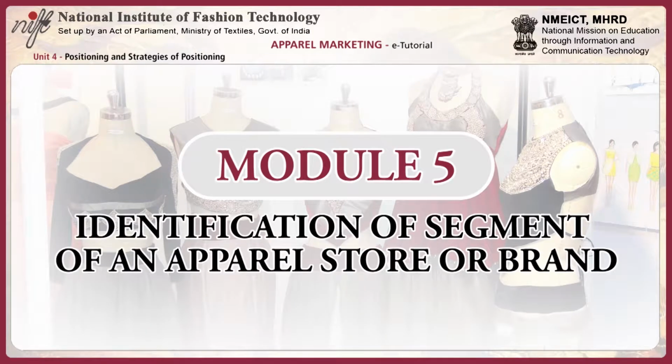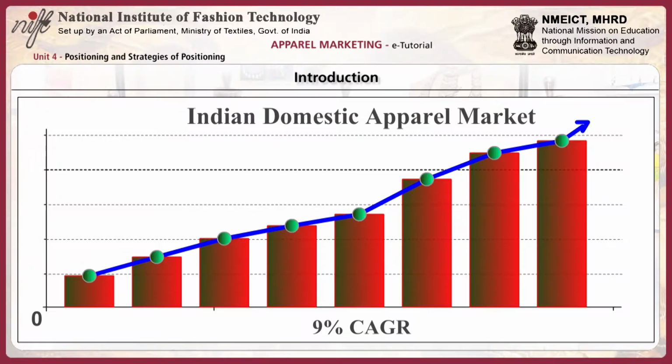The final module focuses on the identification of segment of an apparel store or brand. The domestic apparel market, which was worth rupees 2,07,400 crore, that is close to 38 billion US dollars as of 2012, is expected to grow at a compounded average growth rate of 9% over the next decade.